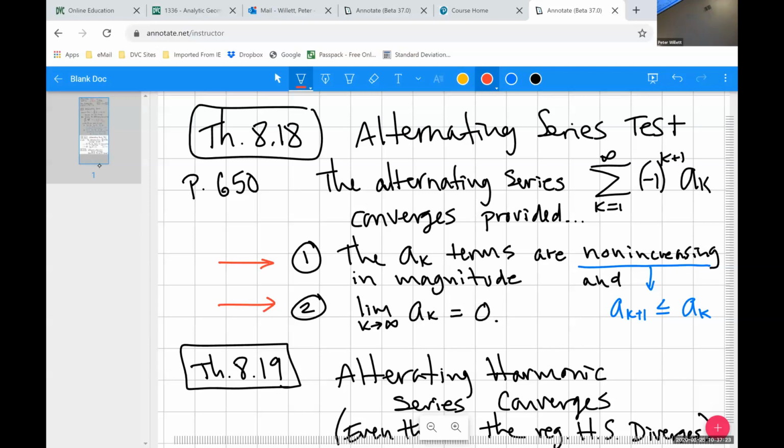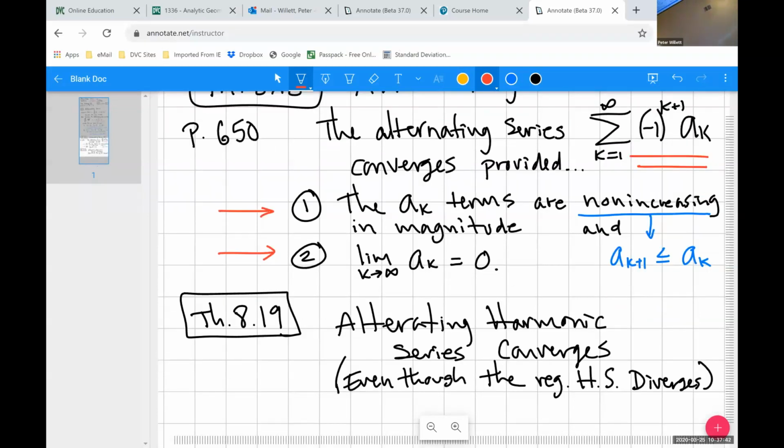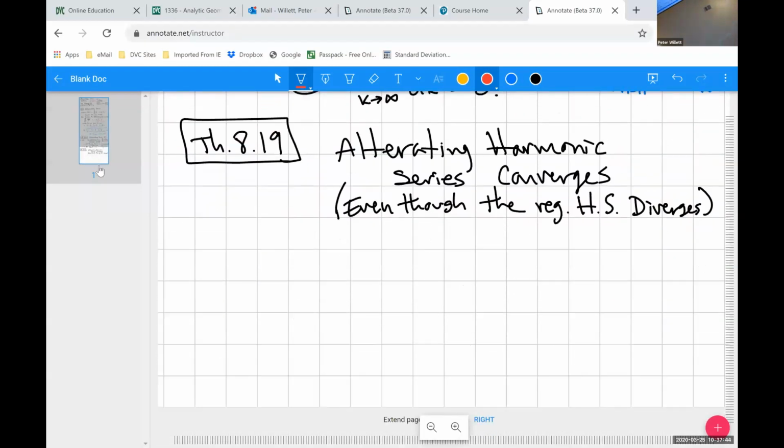And then when you add the condition of it being alternating to these two conditions, then all of a sudden it makes it converge. So what this means is that it's basically easier for an alternating series to converge because it's alternating than if it wasn't alternating. Questions, comments, discussions about that before we just look at an example of using the test?